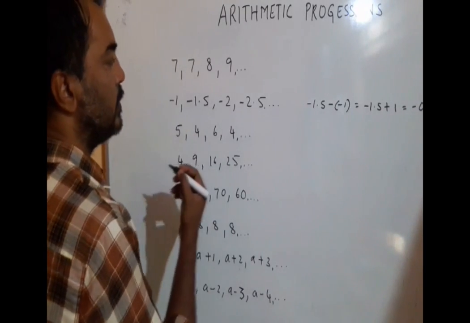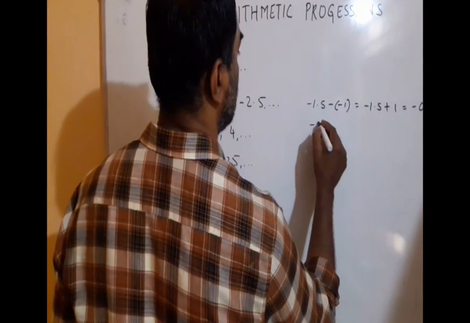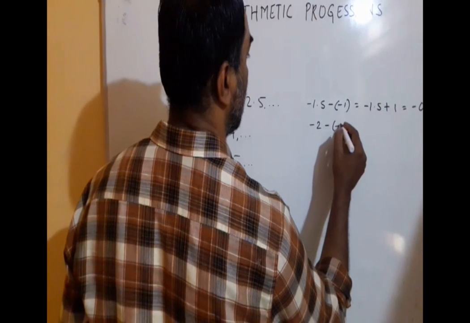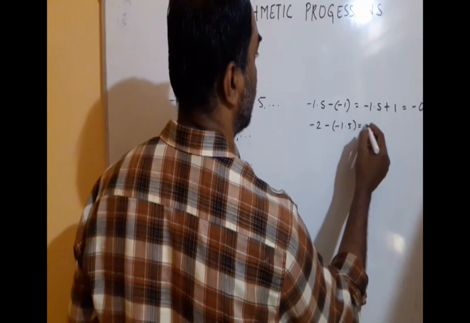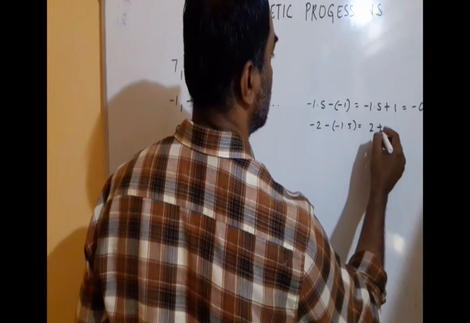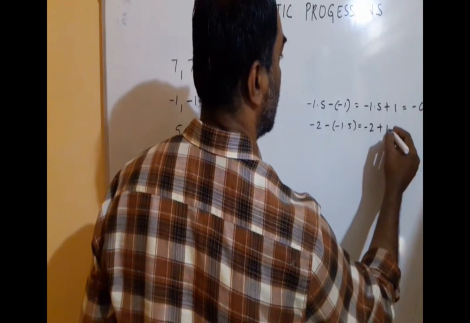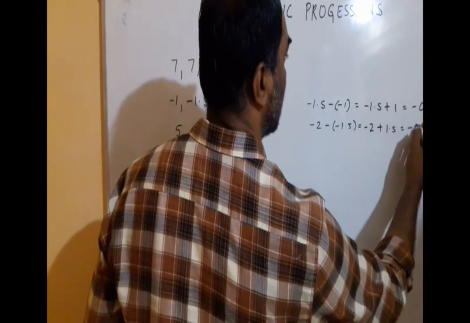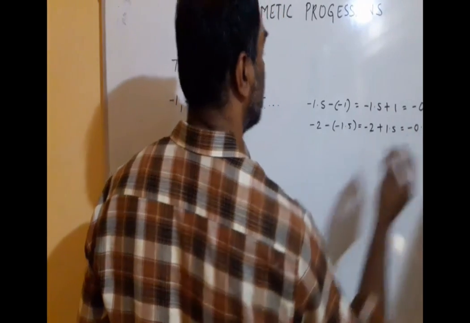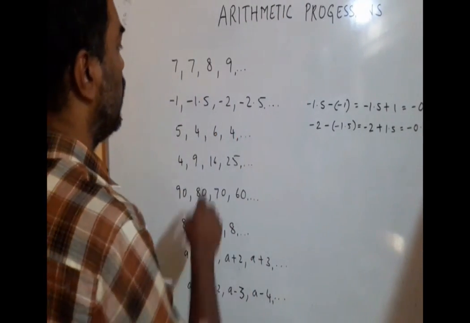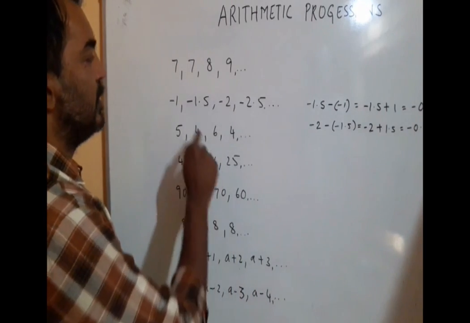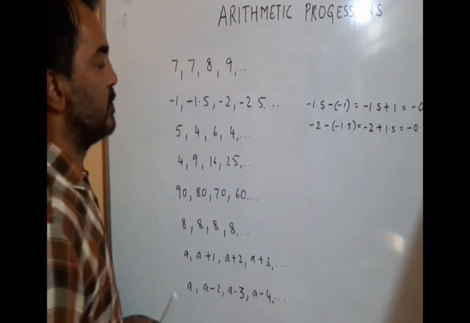We try the next one. We have minus 2 minus minus 1.5, which is minus 2 plus 1.5, giving us minus 0.5. Since the common difference of all these terms remains the same, this is an arithmetic sequence.